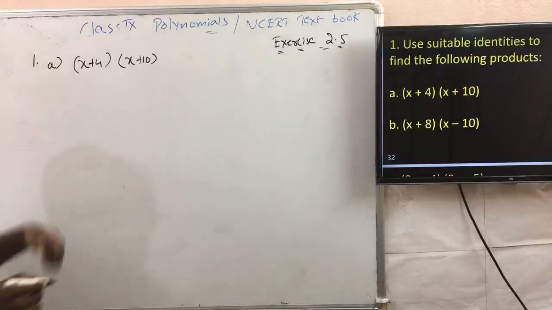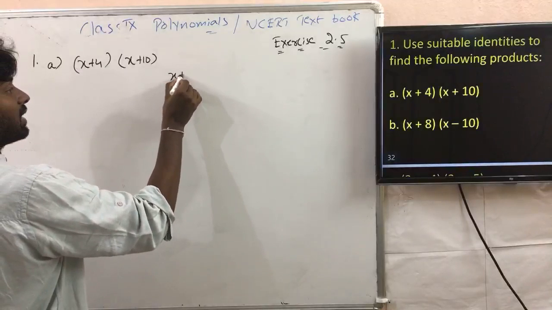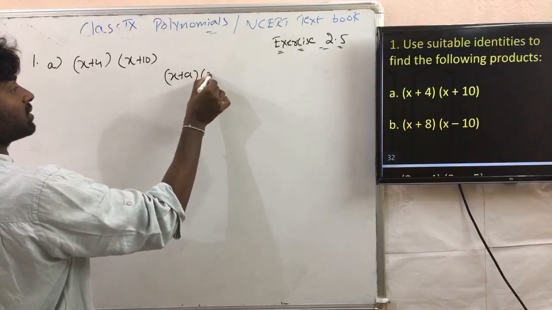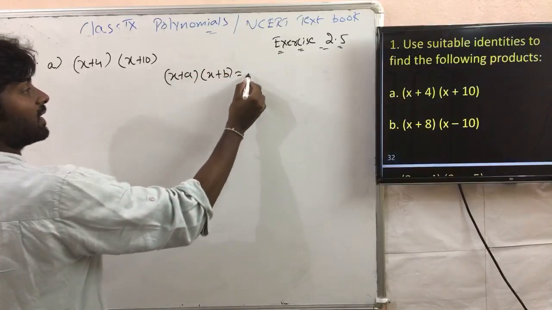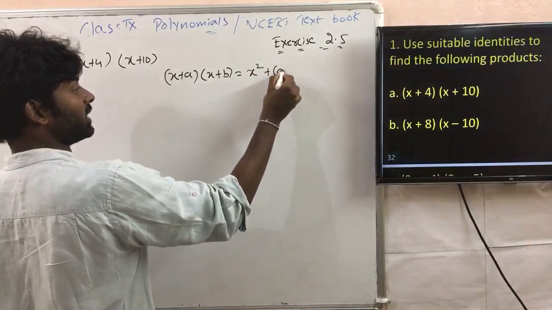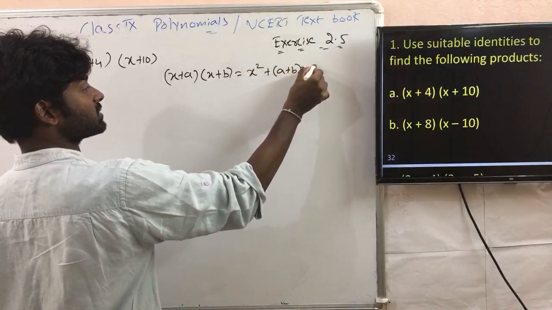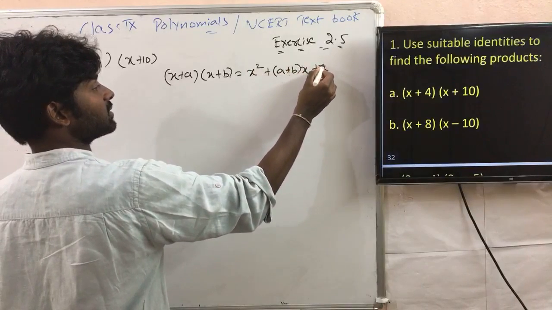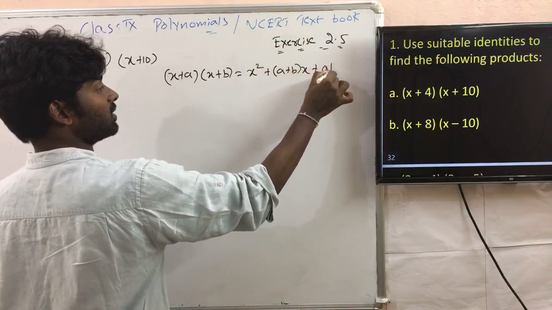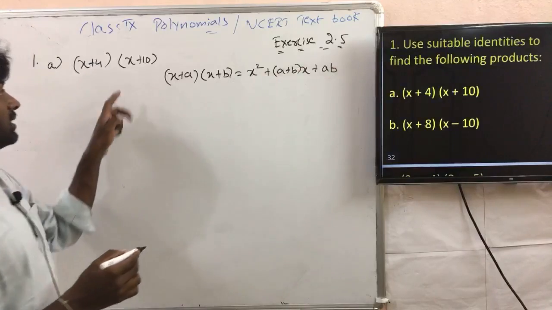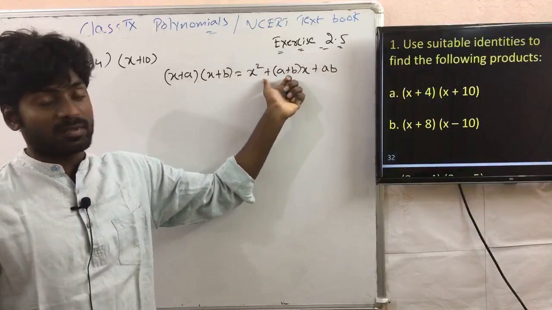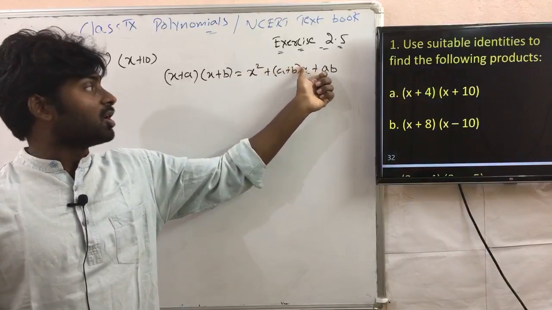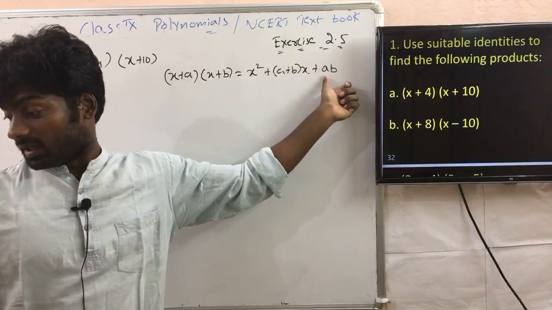Observe carefully, it is in the form of x plus a into x plus b, which gives rise to x square plus a plus b into x plus ab. When you see it in the form of x plus a and x plus b, this is the formula.